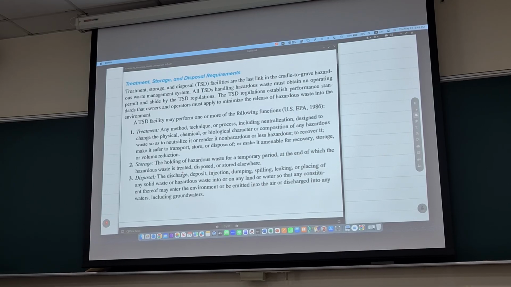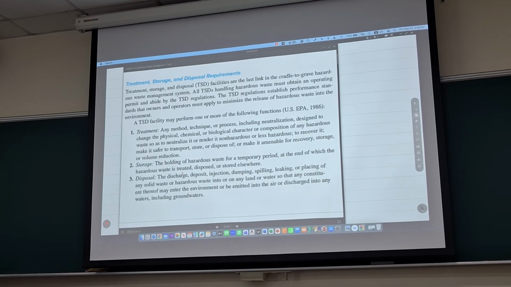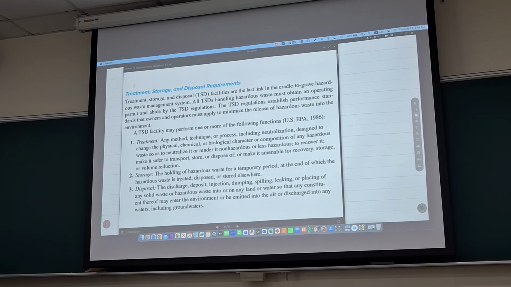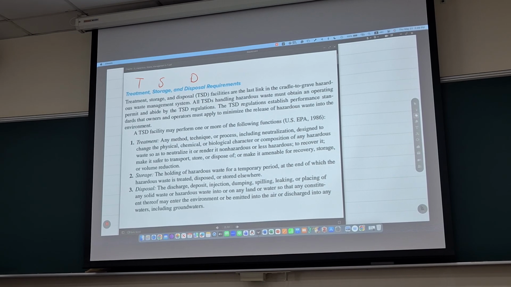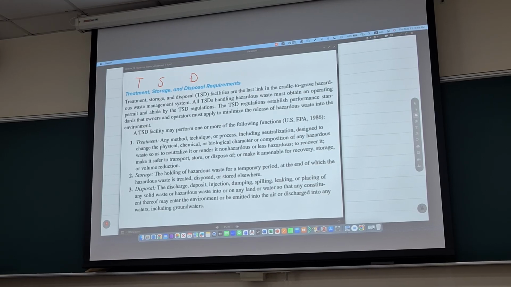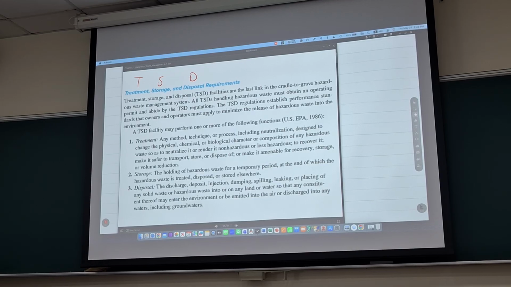Okay, next slide. I would like to talk about TSD. So TSD stands for treatment, storage, and disposal. Okay, starting from treatment.